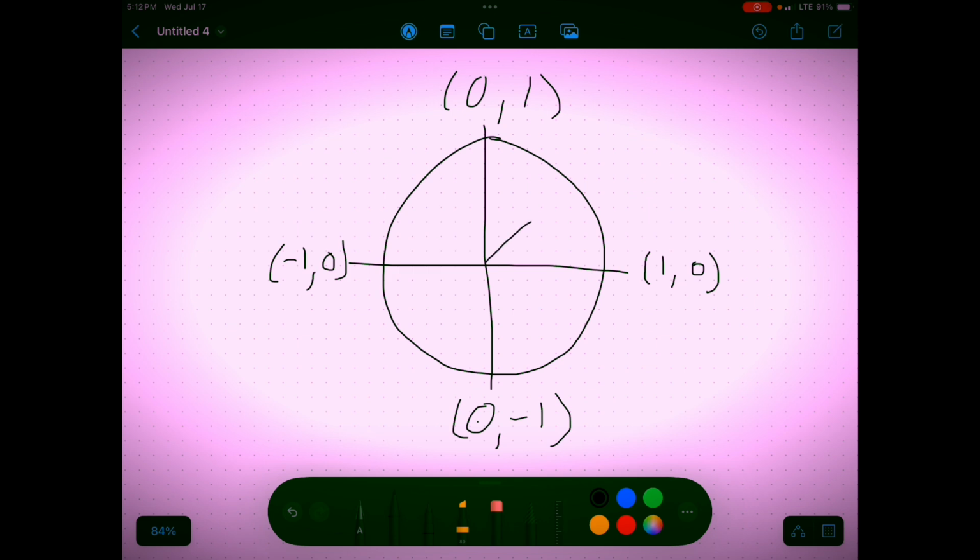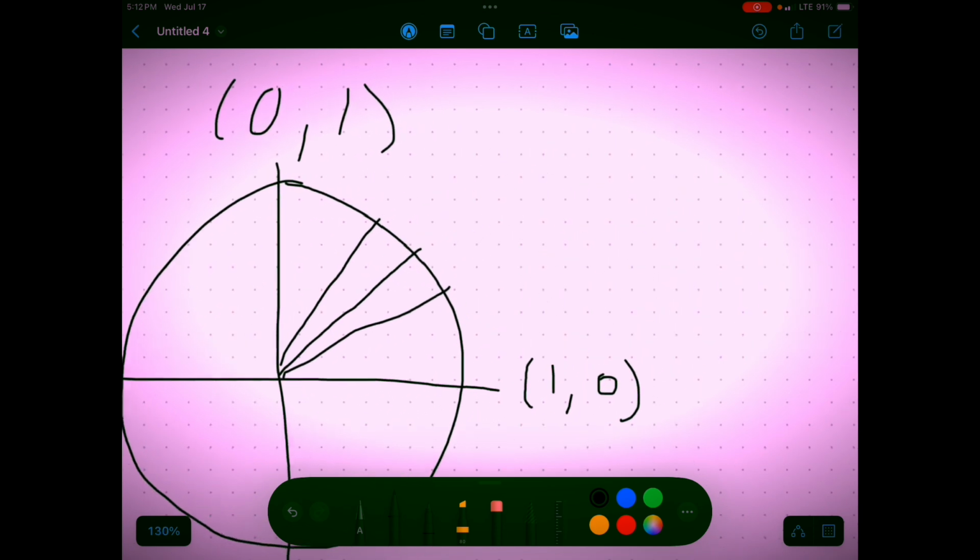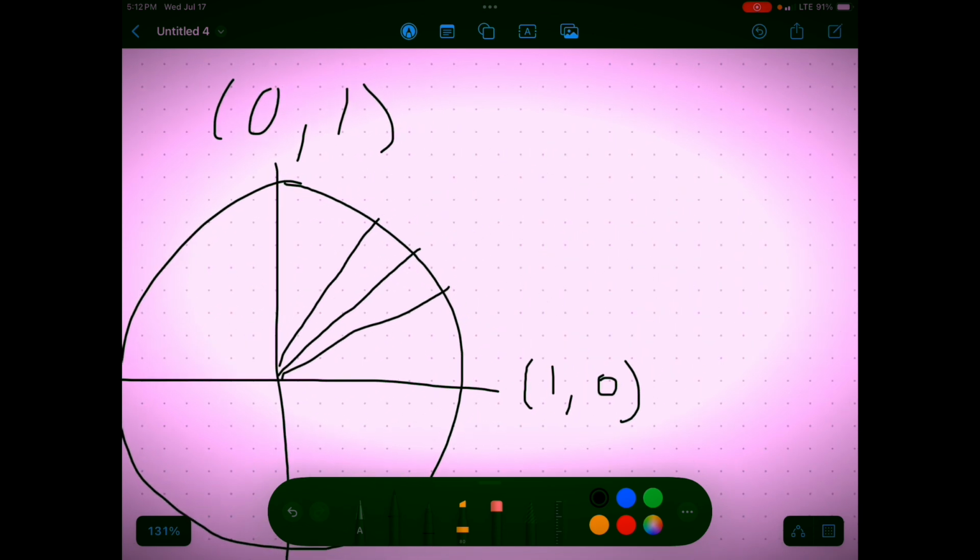Now, the next 3, if you already have them memorized, awesome. This is just a refresher for you. If not, you may find that I am going to have a little trick for you that's going to help you remember them. Right now, I'm just going to tell you what they are, and then later we'll make a chart for how to remember these things. So, this corresponds with pi over 6. This is 30 degrees.